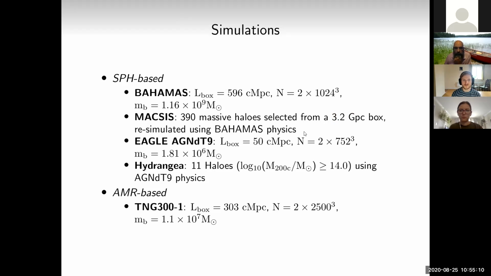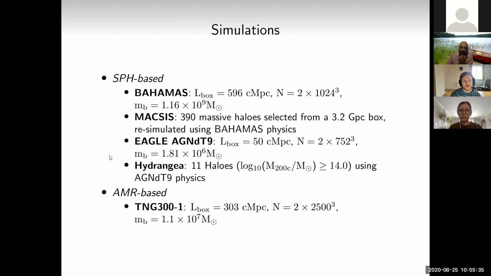So these clusters are directly comparable to those in Bahamas, and you can supplement them. So they don't look very different at all. That's excellent. Means that I can have a field sample from Bahamas and some of the lower mass stuff, but there are some really massive structures in Maxis that I can use.